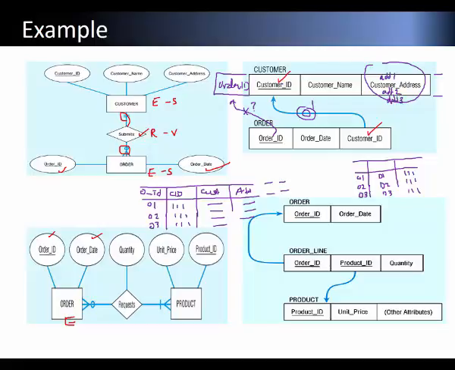So the same customer ID can register multiple mailing addresses. Then that mailing address itself is a separate table, and that table is connected to this customer table.